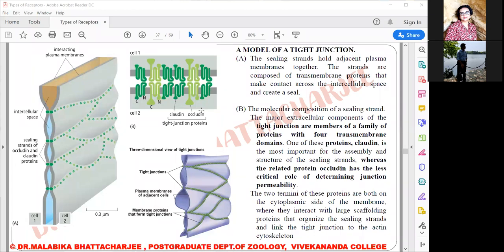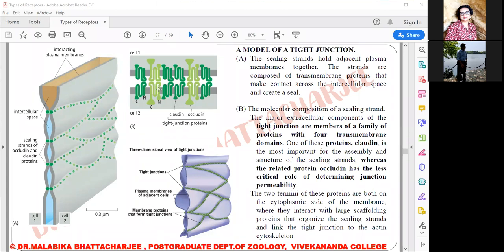Now, I gave you one specific function of claudin. The second major transmembrane protein, as you can see here, is the light green one, the occludin. The exact function of occludin, apart from facilitating the zipper fashion, is not known.